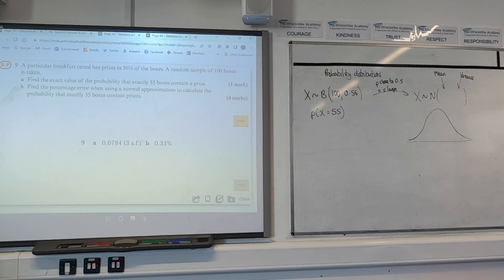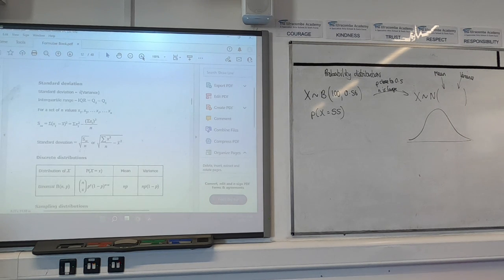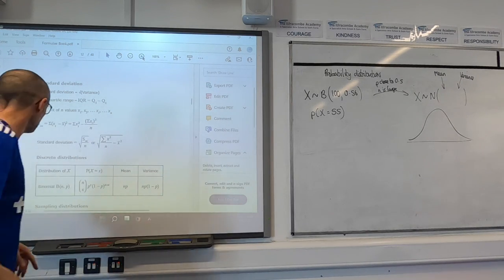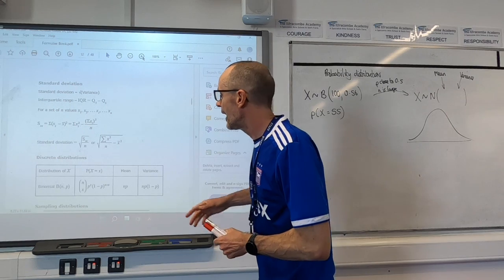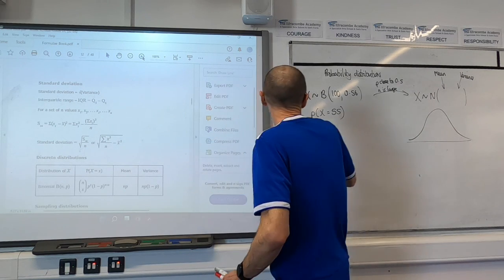I'm going to put mine up on the board so you can, if you haven't got yours. On page 8, we see this little table here that says if you've got a binomial and you want to know its mean, you do n times p.